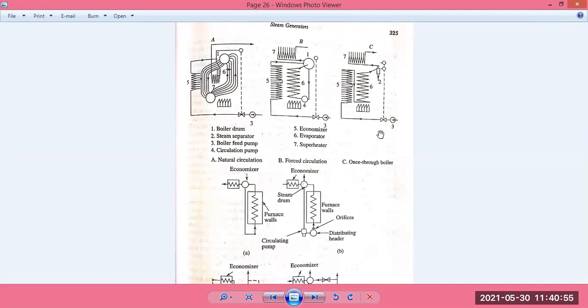Water is directly converted to steam, and there is no circulation of the steam and water mixture. The water enters the bottom of the tubes and completely transforms to steam by the time it reaches the top, passing through the tubes only once. For this reason it is known as the once-through boiler, also referred to as the drumless boiler. It is type C, as well as type D.